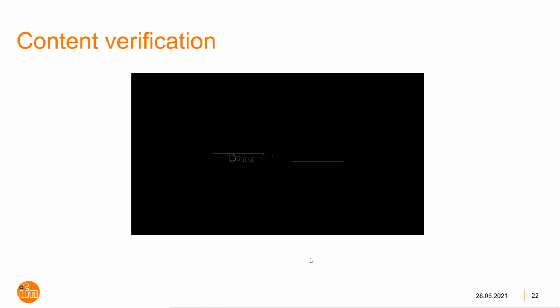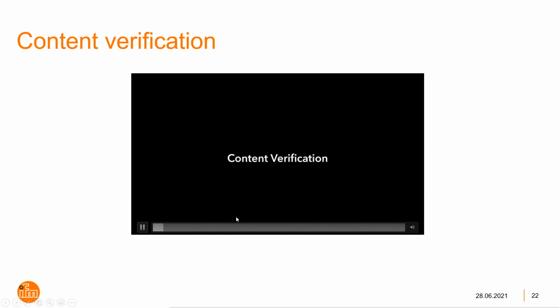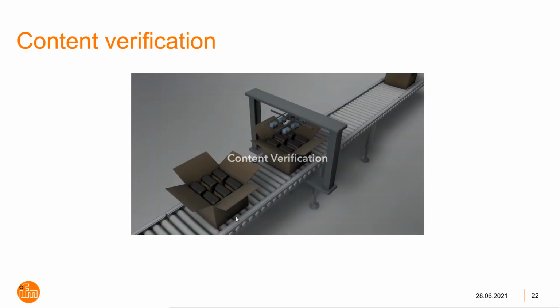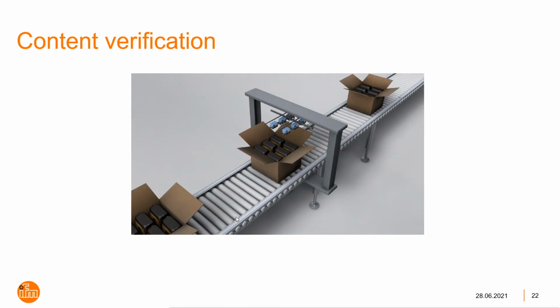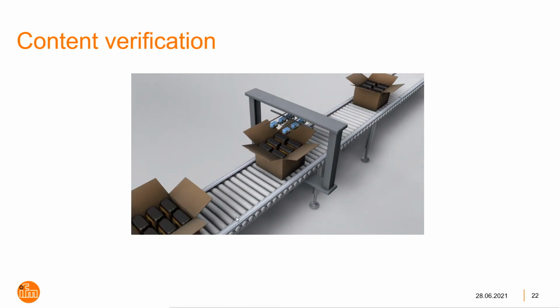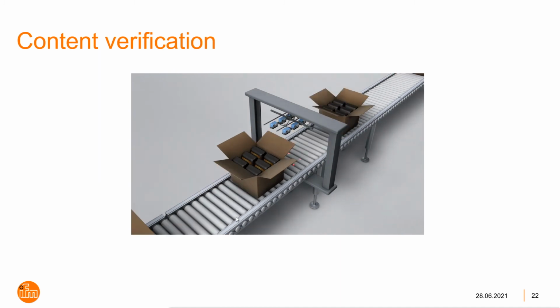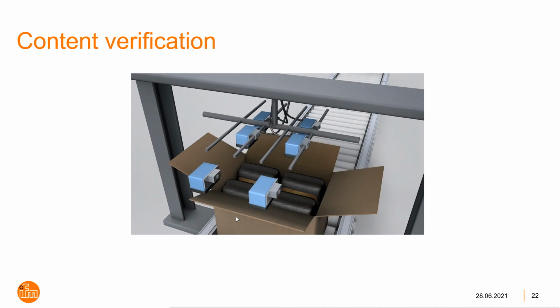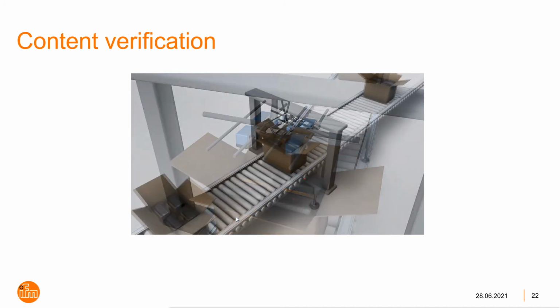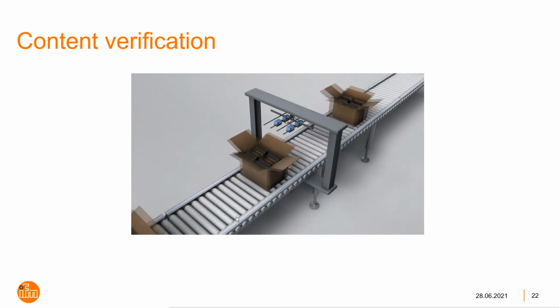Content verification, i.e. how much we've got in the box. Very simple application. As you see here, we're doing it with photocells. The problem with photocells, or an array of photocells, is if the box size content changes, i.e. we go from 6 to 4 for instance, then we have to play around with the number of photocells, or we need to build some logic in there to say only use 1 to 4, not 1 to 6.